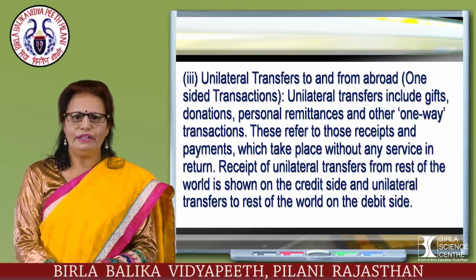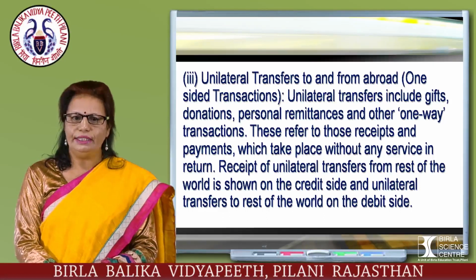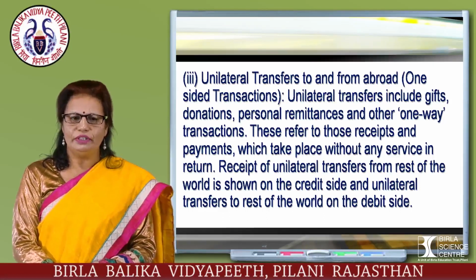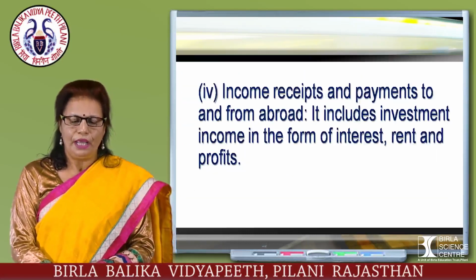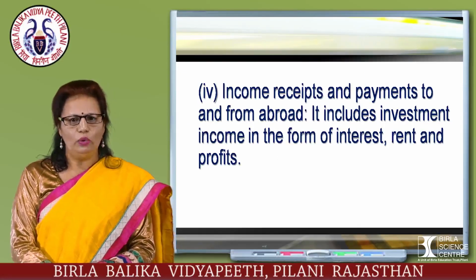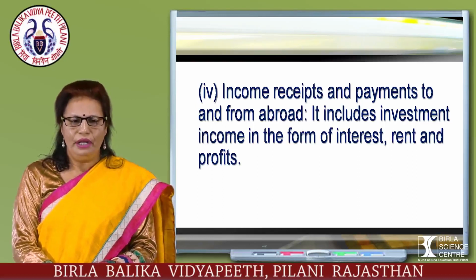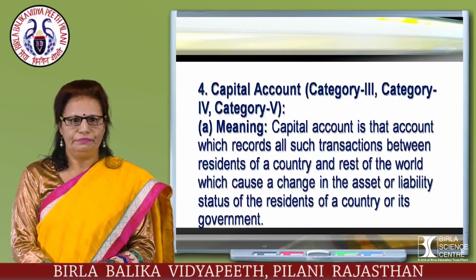Receipt of unilateral transfers from the rest of the world is shown on the credit side and unilateral transfers to the rest of the world on the debit side. Income receipts and payments to and from abroad include investment income in the form of interest, rent, and profits.